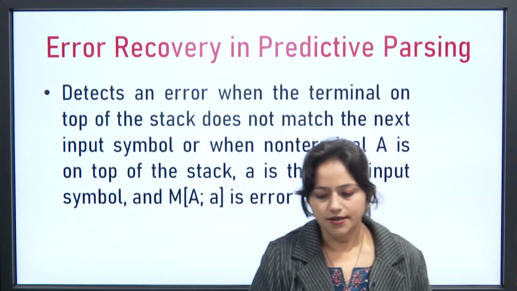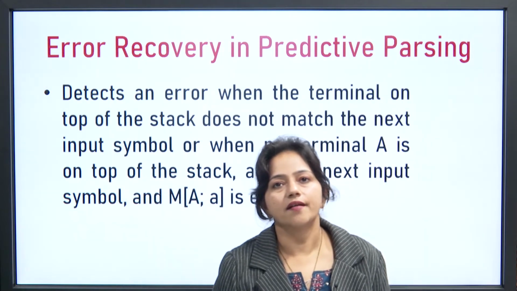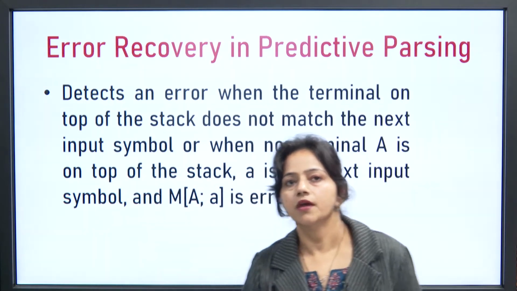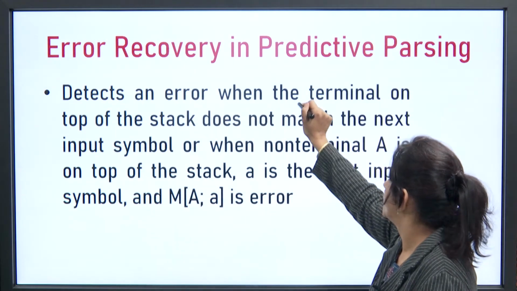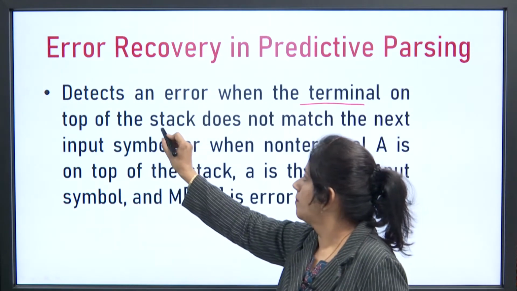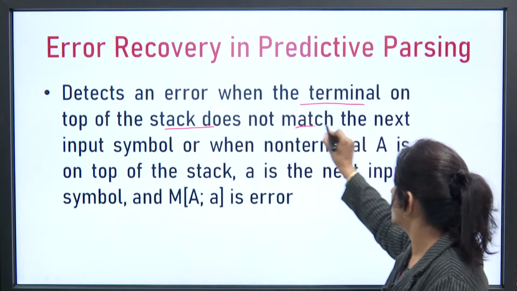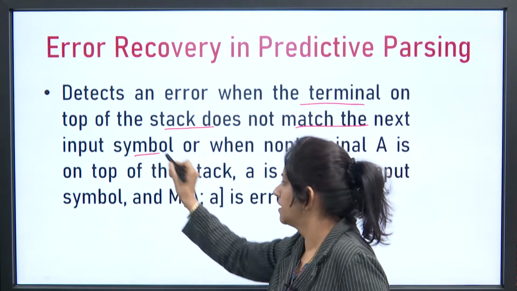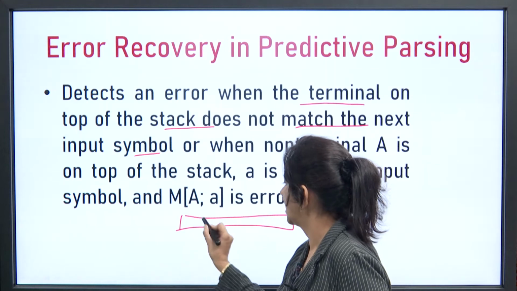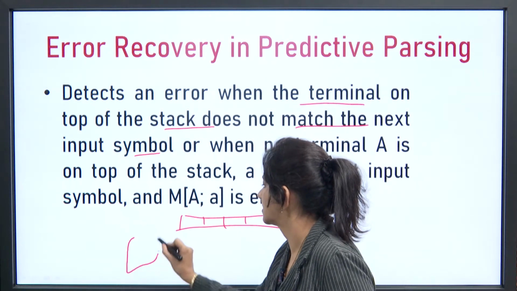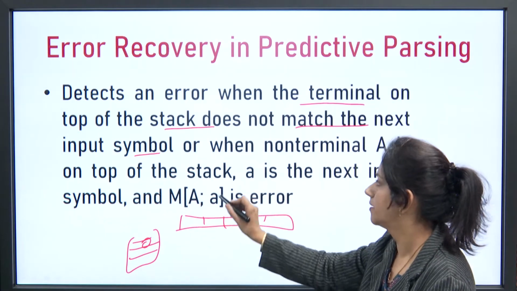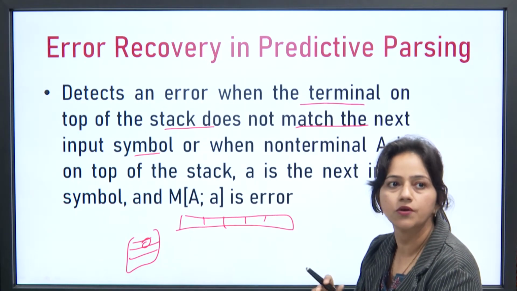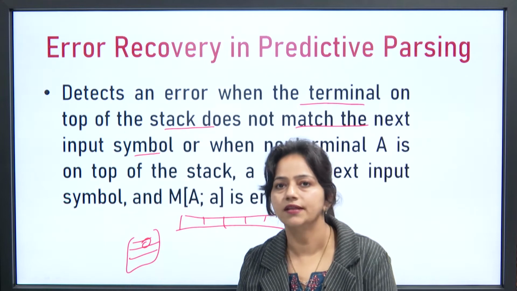Next we will discuss how we do error recovery in predictive parsing. In predictive parsing, an error is detected when the terminal on the top of the stack does not match the next input symbol. We have the input tape and the stack, and if the symbol on the stack and the current input symbol do not match, it shows that we have an error in the program.